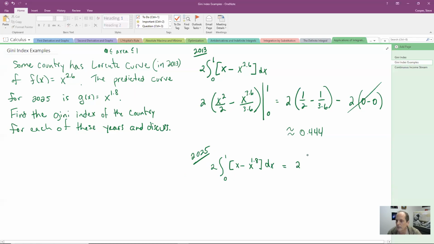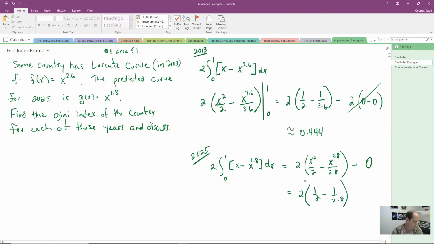We're still going to have x squared over 2, but this will be x to the 2.8 over 2.8. Okay, so that's going to be 2 times (1/2 minus 1 over 2.8). And this is roughly equal to 0.286.